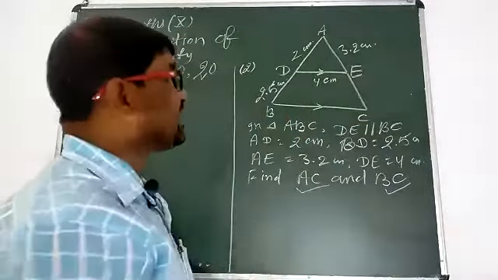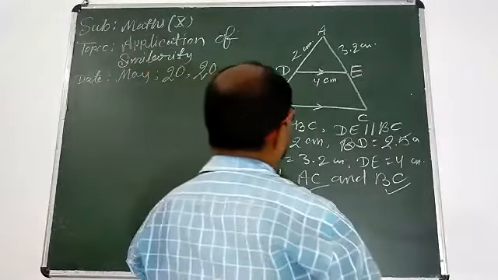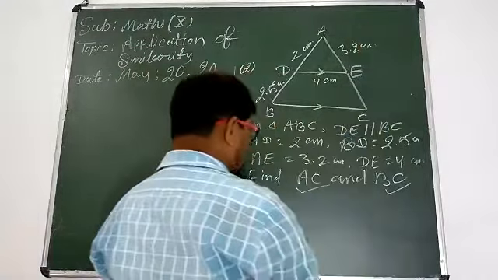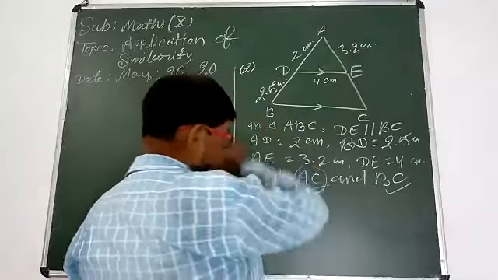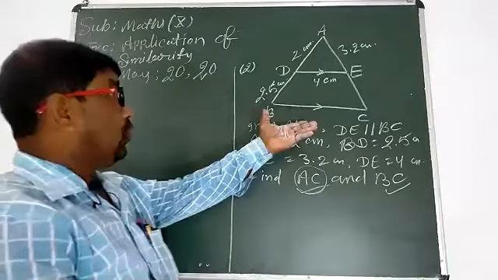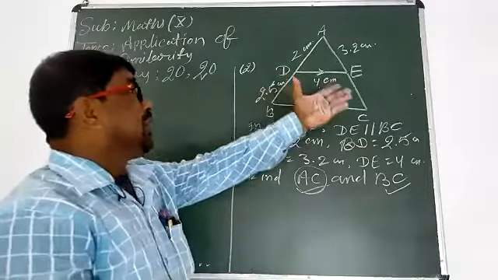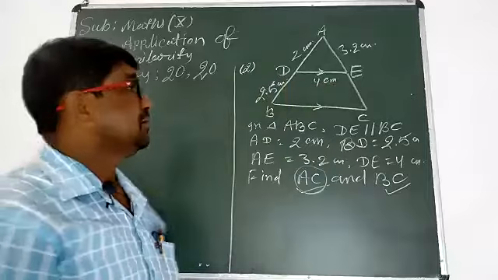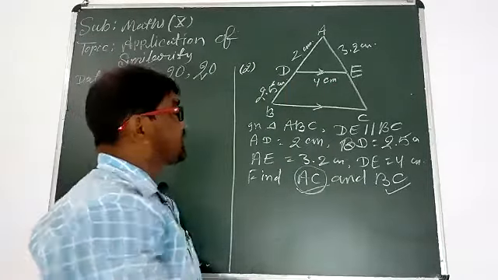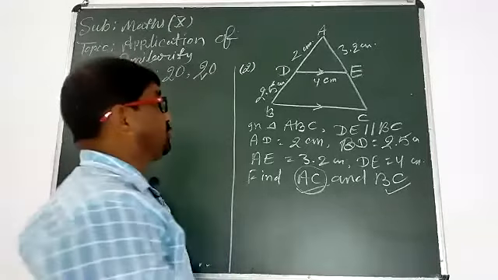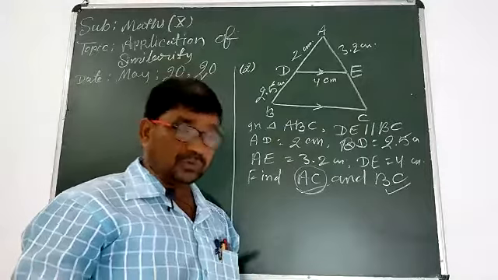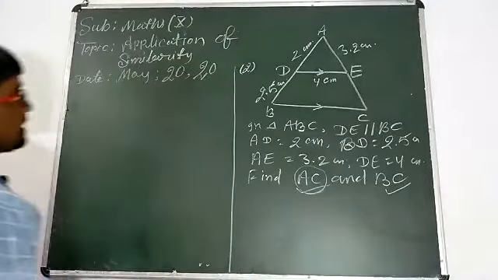After getting CE, we can add the two sides because AC is our requirement. Then we will go to the criterion of similarity, finding the ratio, and in this way we can get BC. Understood? Now let us start.